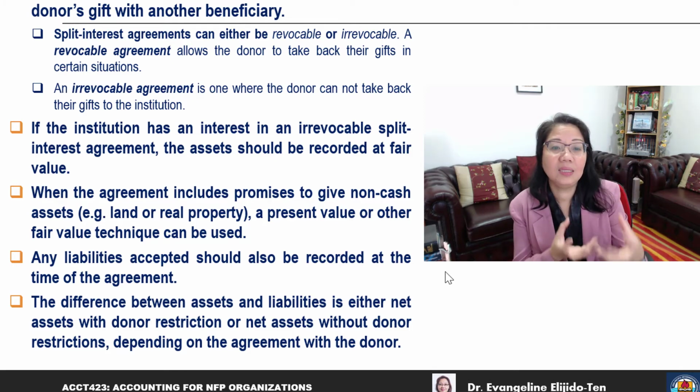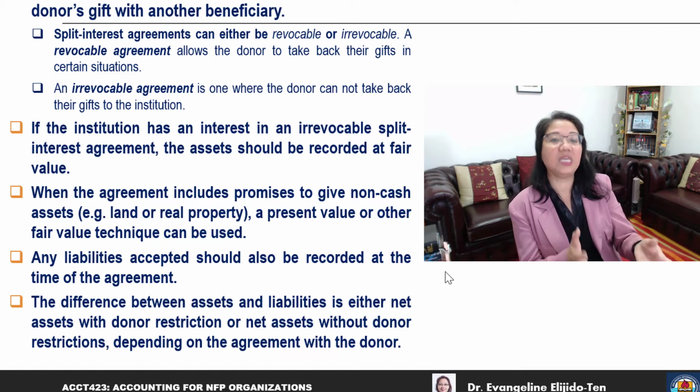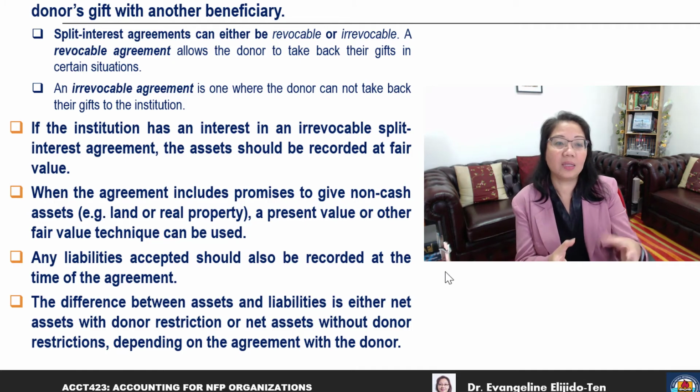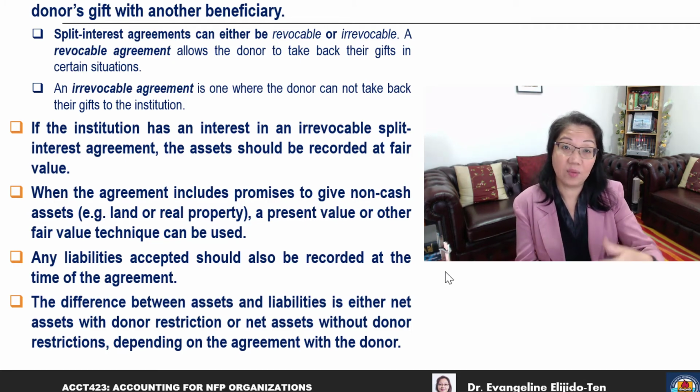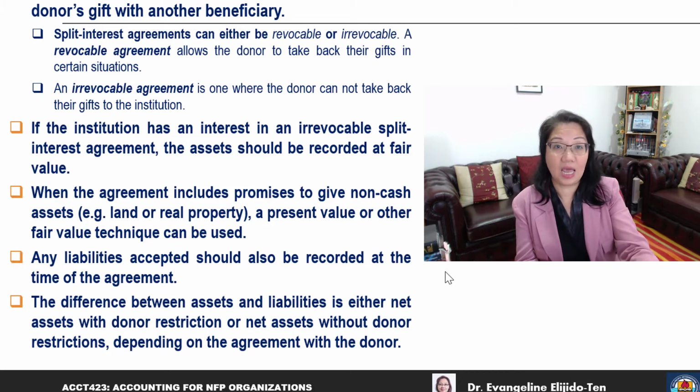So at the point of the agreement, if our agreement states that you can't use this building for any other purpose apart from educational purposes, then that means this would be recognized at the difference between assets and liabilities. It is $50 million, and there is a $20 million liability to it.